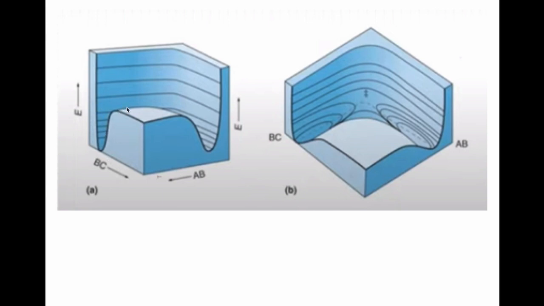This is one potential energy diagram, where BC is in the equilibrium condition, and the left-to-right one is another, where AB is the lowest point. When we combine these two diagrams, we get a three-dimensional graph. Then only can we say it is a potential energy surface diagram.